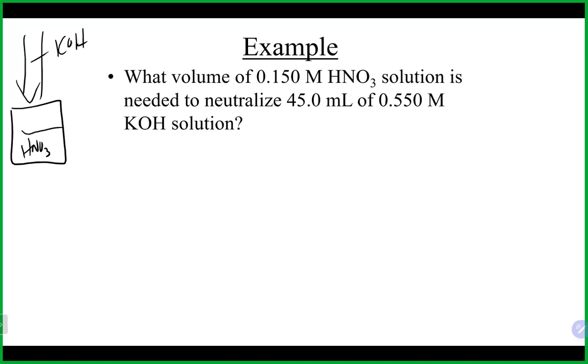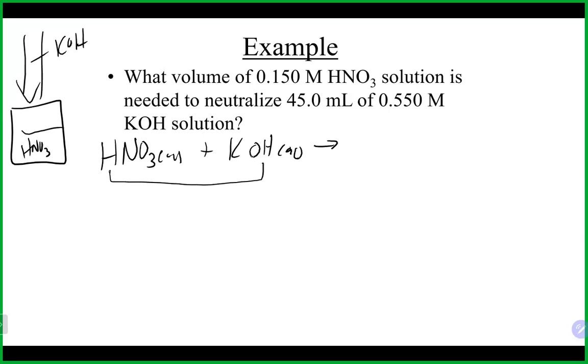So clearly, as we've been talking about, we do need an equation. So we will start with our equation. So this is an acid. We're going to react it with a base. And as we talked about when we talked about acid-base reactions, they are still double displacement reactions, right? So we're going to switch partners in this case. And we should always form water as a result of it and a salt, right?